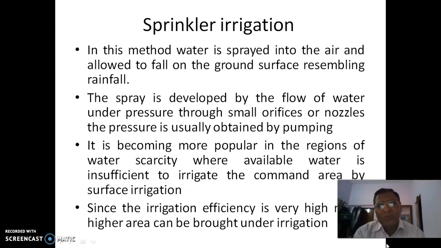They are used only when water is scarce and people want to save water. So its spread is somewhat less in developing countries, whereas in developed countries they have expanded fast. Since the irrigation efficiency is very high, a much higher area can be brought under irrigation. That is a factor we have already talked about.